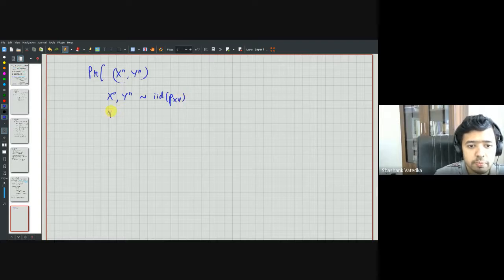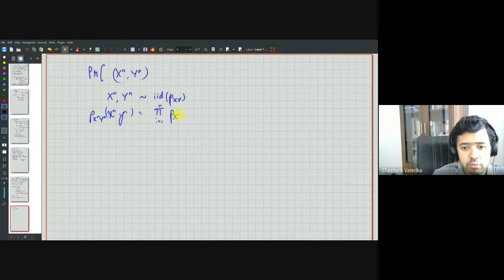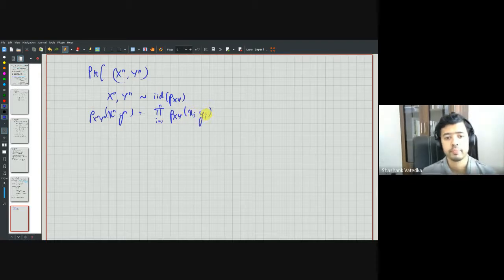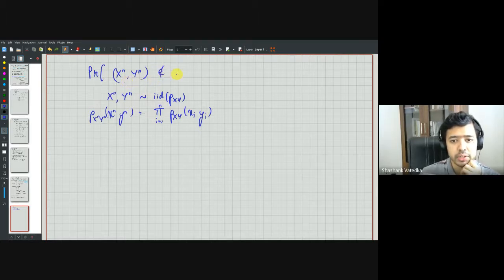So for any x^n and y^n, the joint distribution of x^n and y^n is the product, i going from 1 through n, of Pxy of x_i y_i. Right, so this is how x^n and y^n are drawn. So we want to know what is the probability that this is not in the typical set for Pxy.